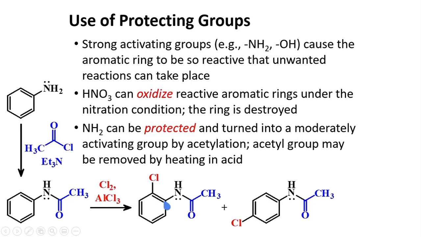Here, the acetamido group, containing your nitrogen directly attached to the ring, is also an ortho-para director. So you can expect the product to be an ortho-chloro and a para-chloro derivative. The acetyl group can later be removed by heating in an acid.